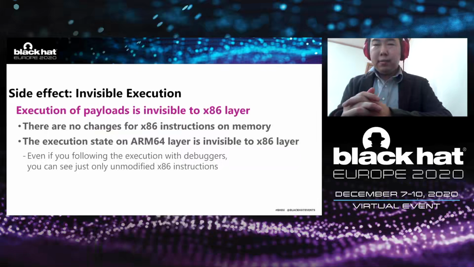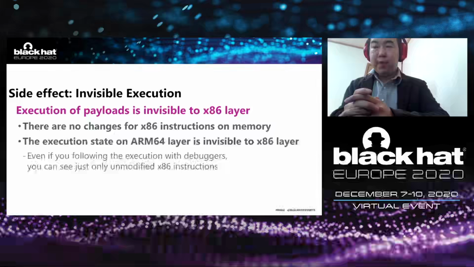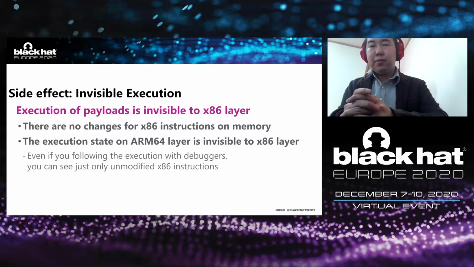As a result, execution of payloads is invisible to the x86 layer. This is caused by two things. First, there are no changes to x86 instructions on memory, as we already explained. Second, the execution state on the M64 layer is invisible to the x86 layer.